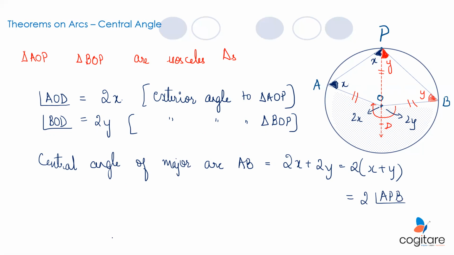So whether it is the angle subtended by the major arc or the minor arc, the central angle is always twice the angle subtended by the same arc anywhere else on the circumference. When you say anywhere else, it's implied that we're talking about a point on the circumference. So we just use the word anywhere else on the circumference of the circle. Are you all following so far?